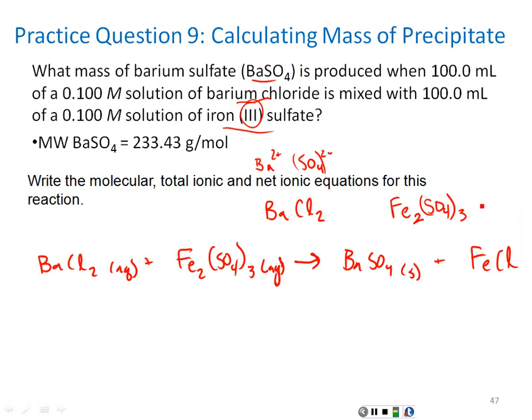And remember, our iron is +3, so iron chloride needs 3 chlorines to balance the charge, and this is also aqueous.